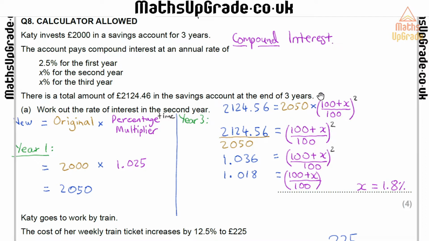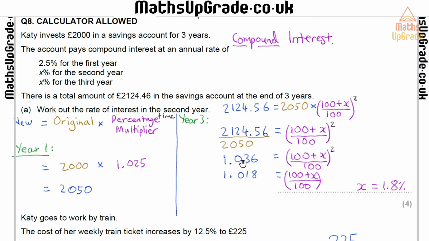So now this is like an equation, and I need to solve this equation. To solve this equation, I need to isolate x by itself. So the first thing I'm going to do is divide both sides of this equation by 2050, since that's the inverse of multiply. So dividing both sides by 2050, I'll get this line here. Now I just work this out with a calculator.